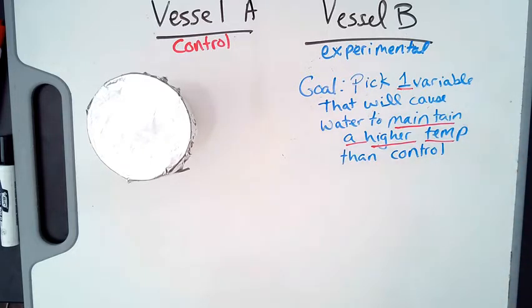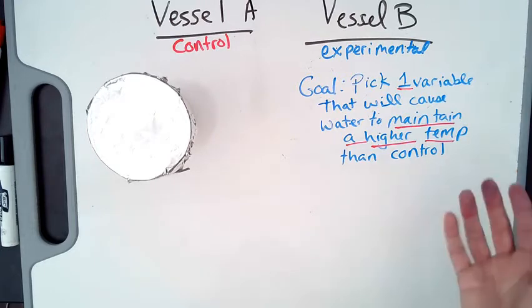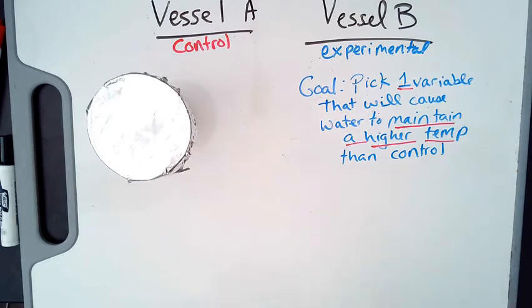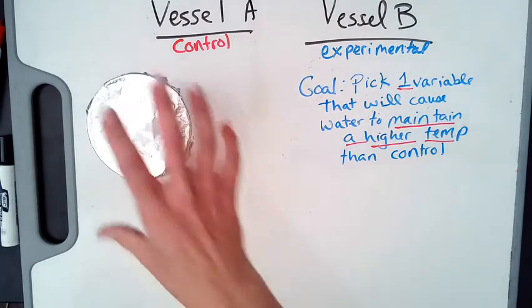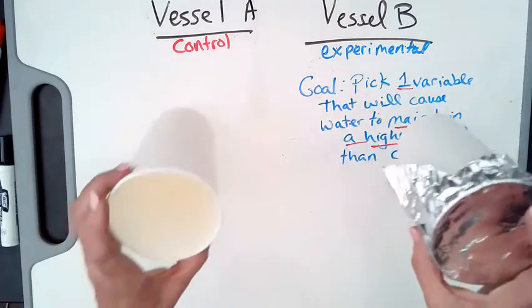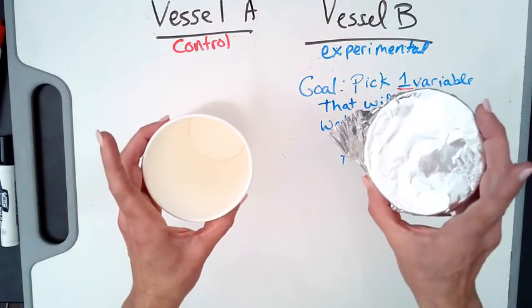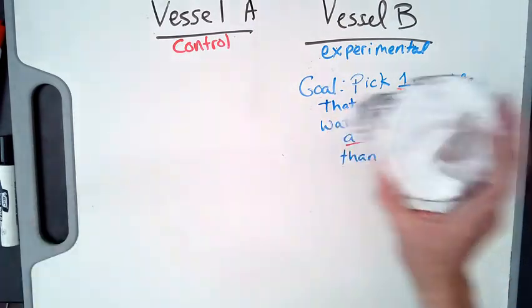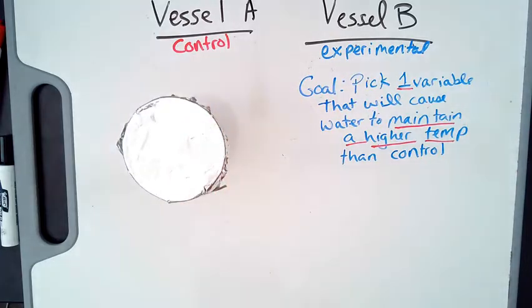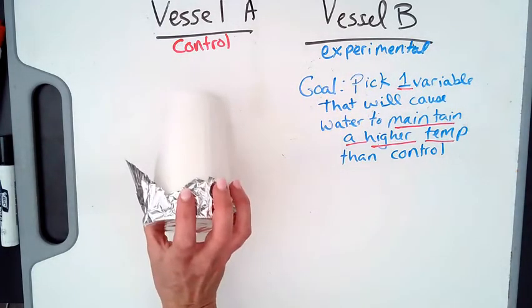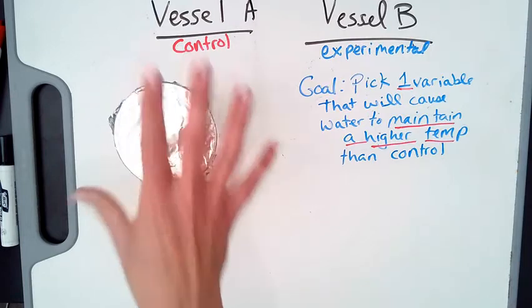Now again, it's an experiment. So it might turn out at the end of the experiment that you were wrong about the one variable, but that's okay. So what do I mean about one variable? Well, if you recall, yesterday, the only difference between the control and the experimental was the fact that there was a lid.